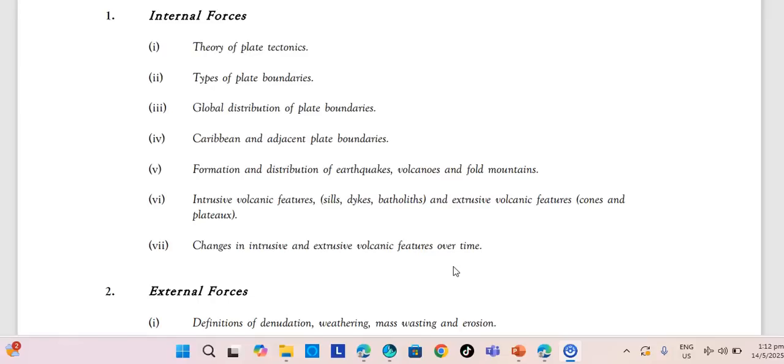So as the top layers wear away, the intrusive features become exposed at the surface. They can form hills, cliffs, or rock outcrops that we can see today. All right, so those are the things that happen to the features of an intrusive volcano over time.